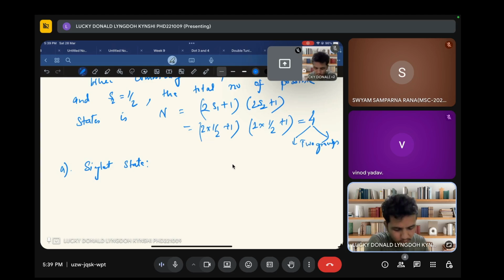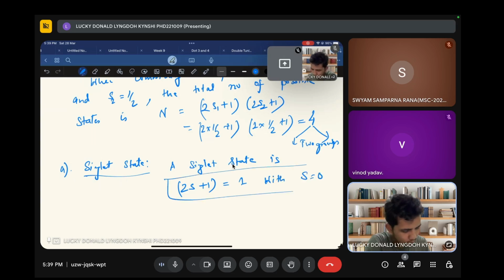The first one is the singlet state. A singlet state is 2s plus 1 equal to 1, with capital S equal to 0.